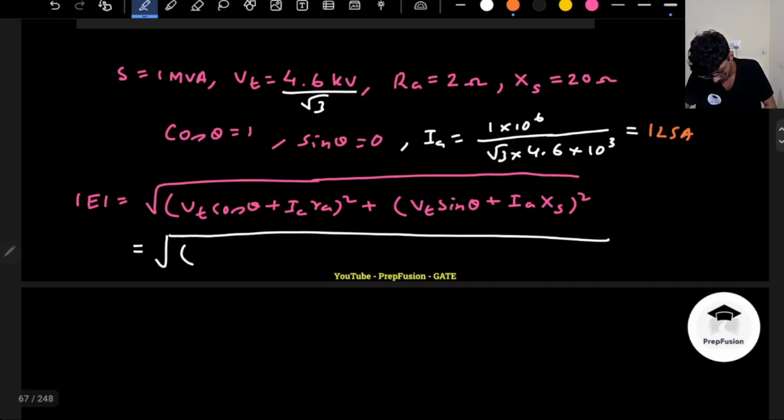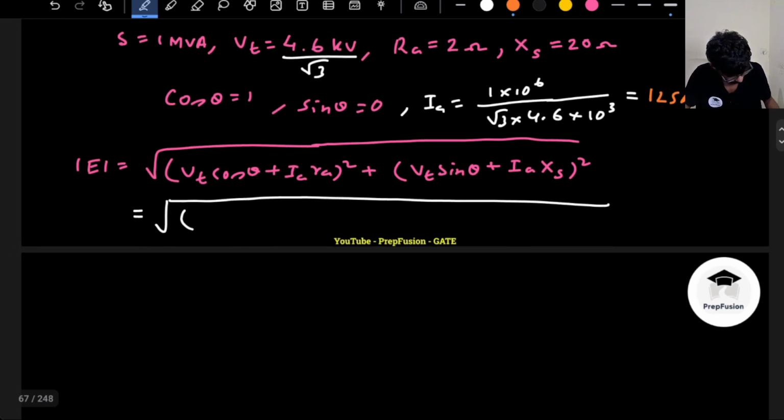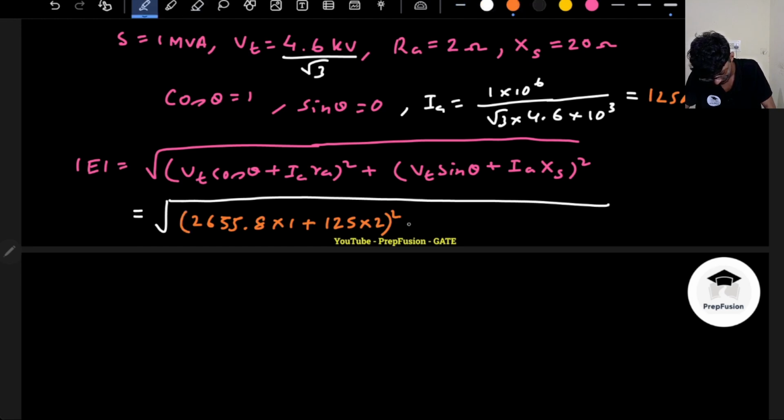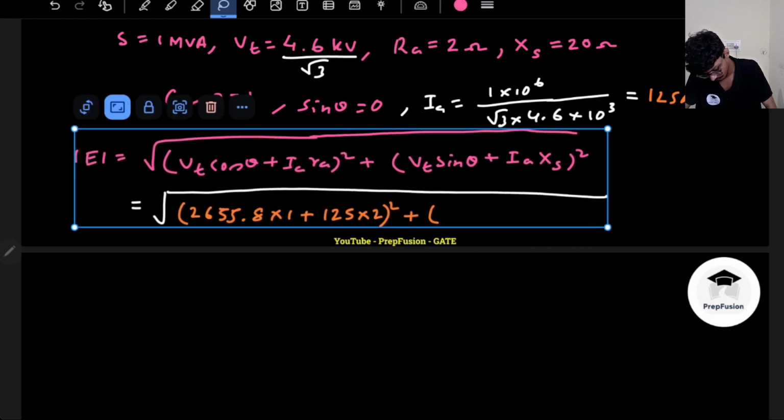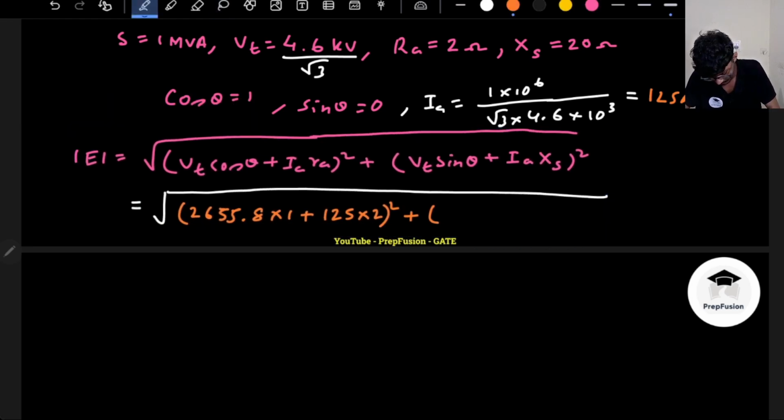So Vt is 4600 divided by root 3, so into cos theta, so this will be 2655.8 into cos theta. Cos theta is 1 only, plus Ia into Ra, so 125 into Ra, Ra is 2, whole square, plus Vt sin theta, sin theta is 0, right?